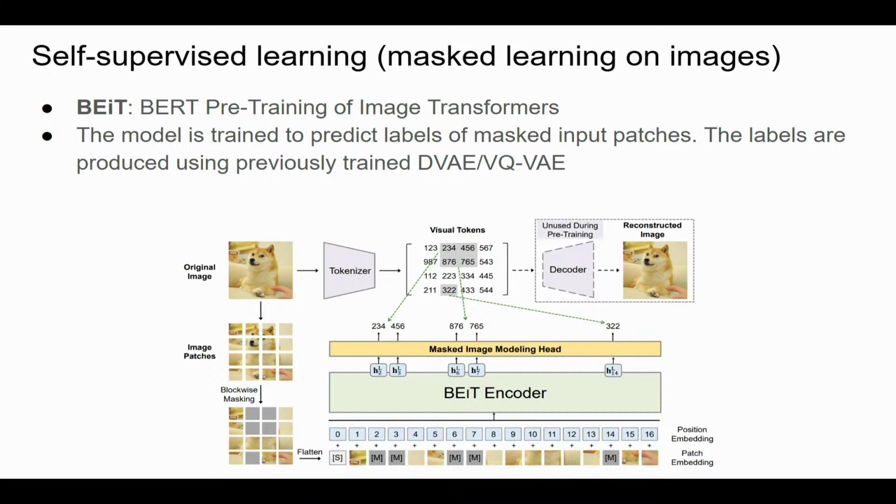For the quantization step with images, it could again be k-means clustering on some features. What BEiT did is: patches, position encoding, basically just the transformer, masked regions, and the IDs were computed by quantized variational autoencoders.